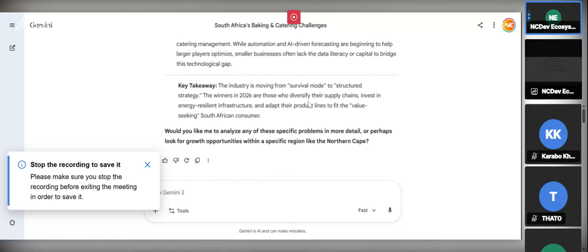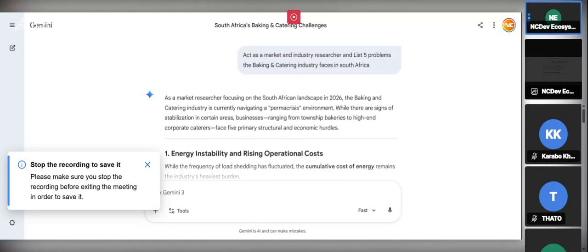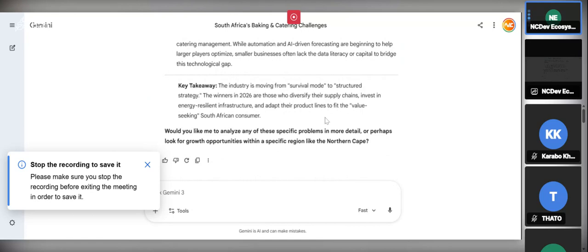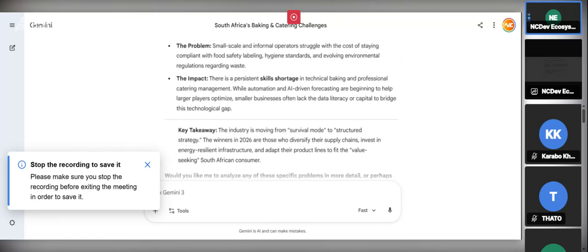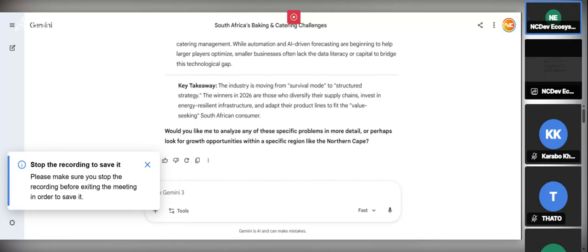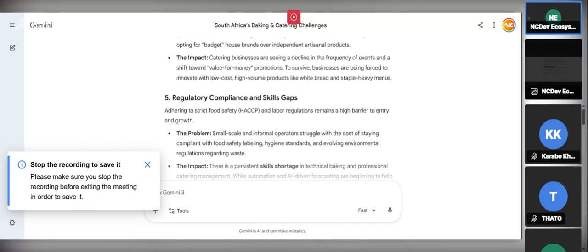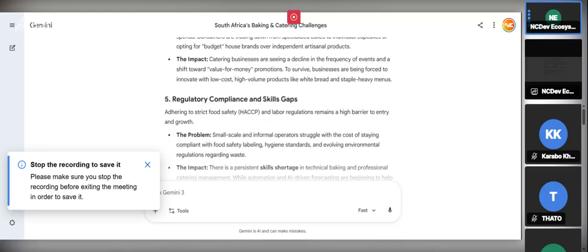Now, from all of these problems listed, if you don't see one that speaks to you yet, you can refine it, and if you have an idea that is much more specific, you tailor the AI to answer much more specifically. For this example, we're going to look at number five.